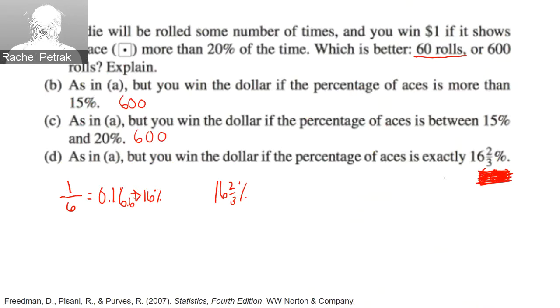So I'll wait a little bit, but the idea generally would be that if you took a lot of trials, then your average number of aces across all those trials would be more likely to be equal to exactly 16.23%, but that's different than just looking at this set of 60 rolls or 600 rolls.